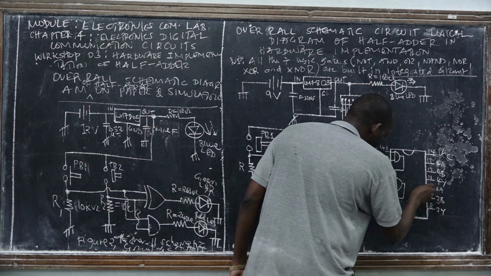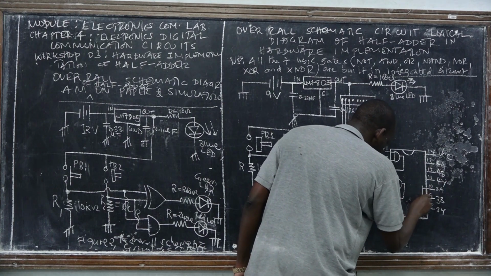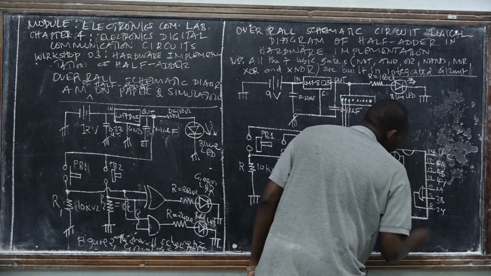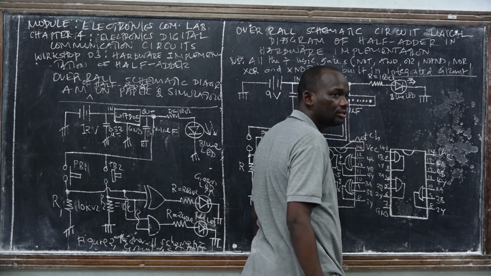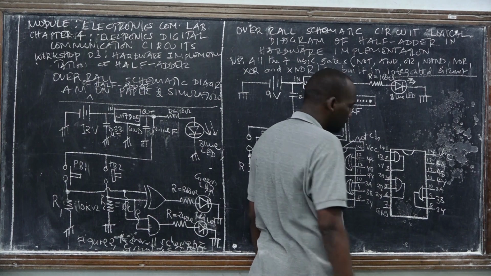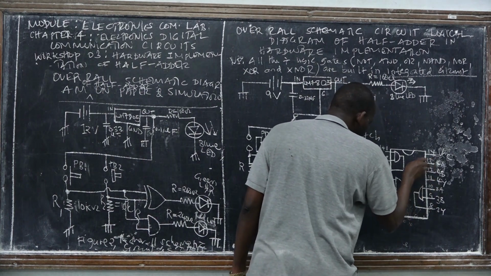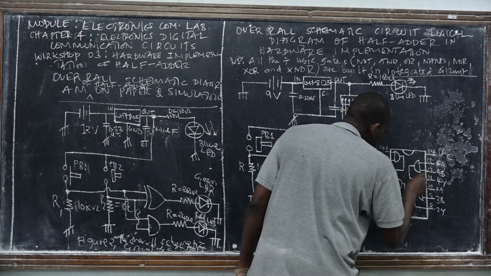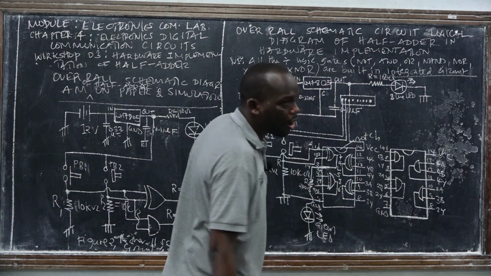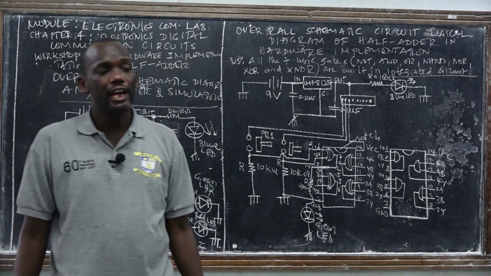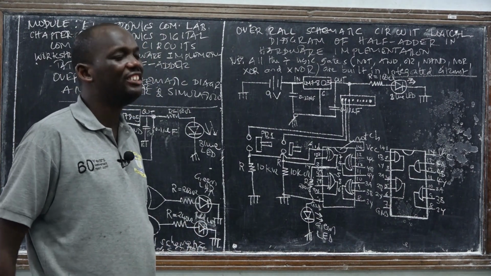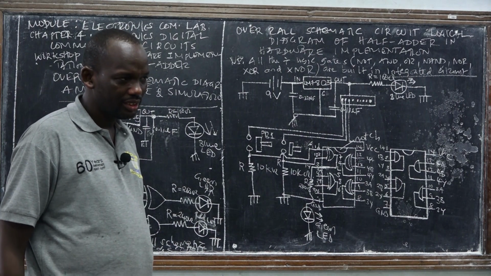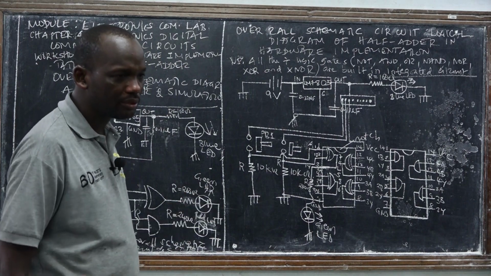At this point, we have inputs for another AND gate. Keep quiet. Then for this case, we also have the fourth AND gate. So how many AND gates do you have? Four.